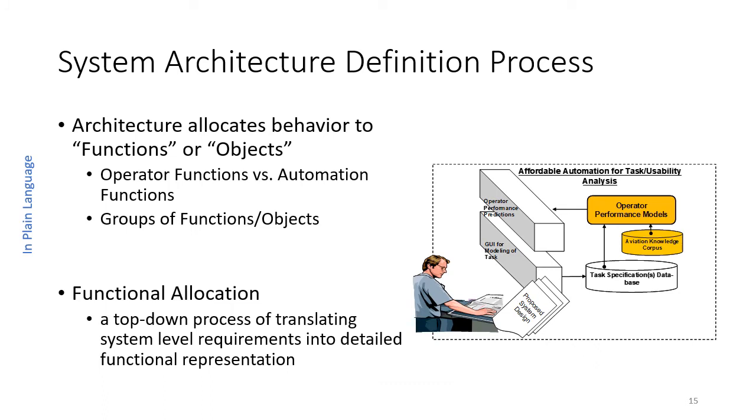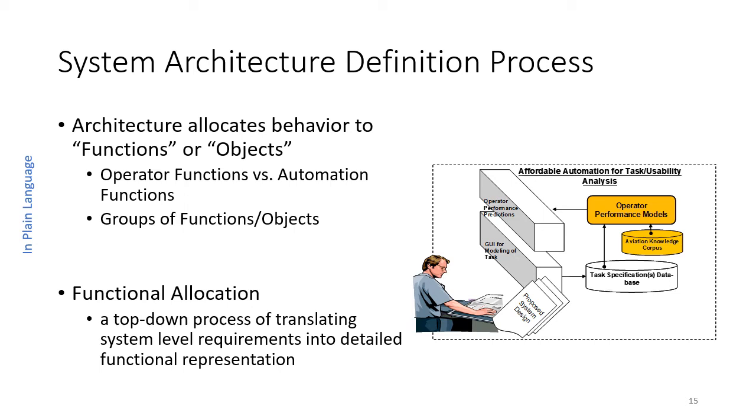The next thing is to allocate functions or objects in the architecture. So the very highest level and most obvious allocation is to separate out the human operator from the automation. What tasks, what functions will the human operator perform, and what tasks and functions will the automation perform?